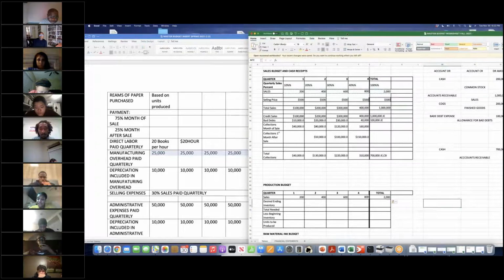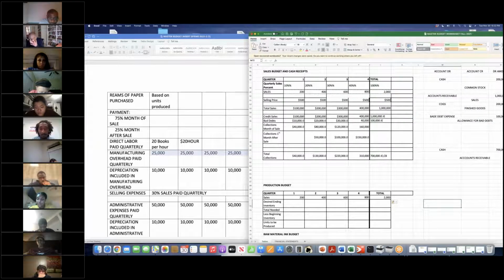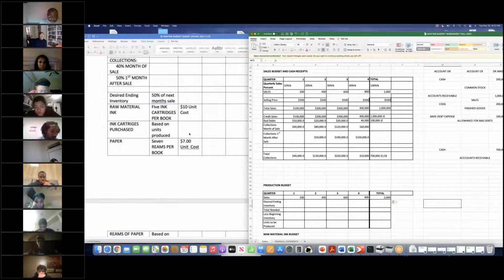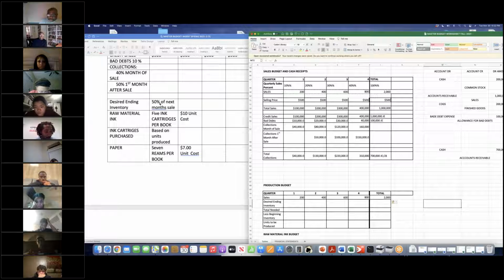Now, when you walk into a store, a bookstore, a shoe store, they don't have nothing. They need some inventory. And so we said that we wanted 50% of next month's sales on hand all the time. That's what we wanted, so at the start of the month, we'd have something to sell.